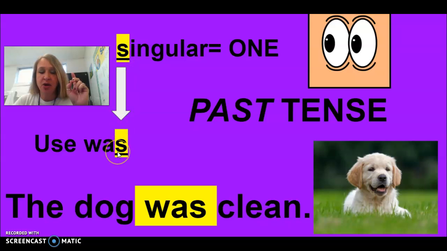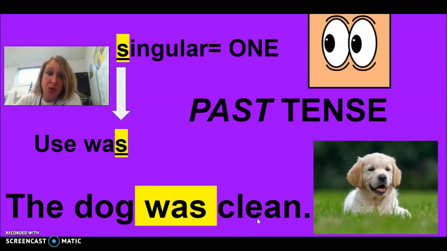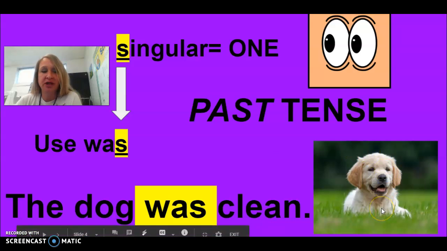Singular has an S, was has an S. Just like yesterday, when is had an S and singular has an S. So if the subject is singular and it's past tense, you're going to use the verb was. The dog was clean. Okay? That pretty much means he isn't clean anymore, right? Even though he looks pretty clean in that picture. So remember the S's. Singular subject, one person, place, or thing. Past tense, use was.